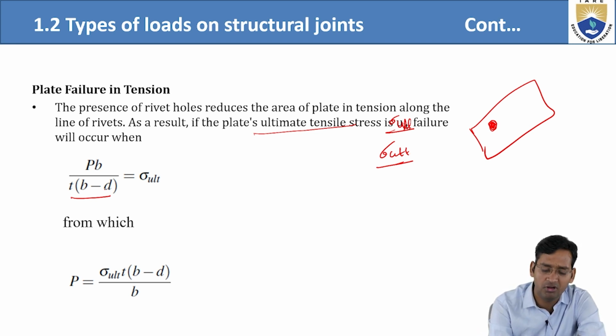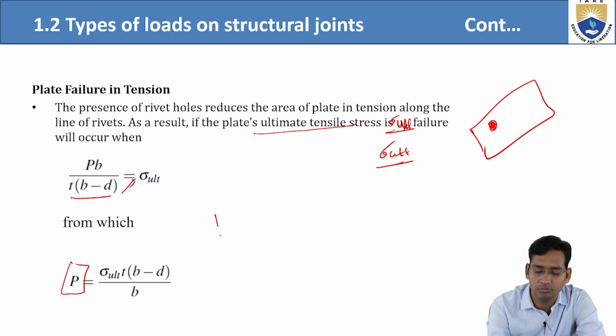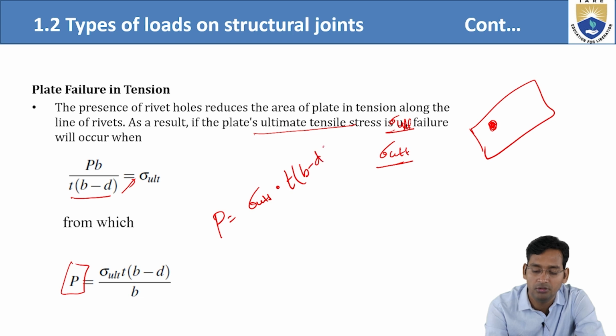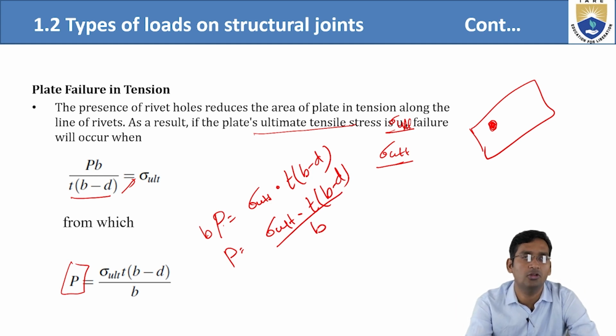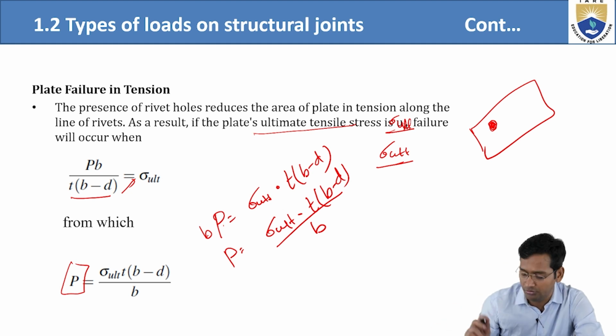So from here we can again find this P. Cross multiplying, P will be equal to sigma ultimate into T into (B minus D), that is PB. So P will equal sigma ultimate into T into (B minus D) by B. This will be the value of P in case of plate failure because of tension.